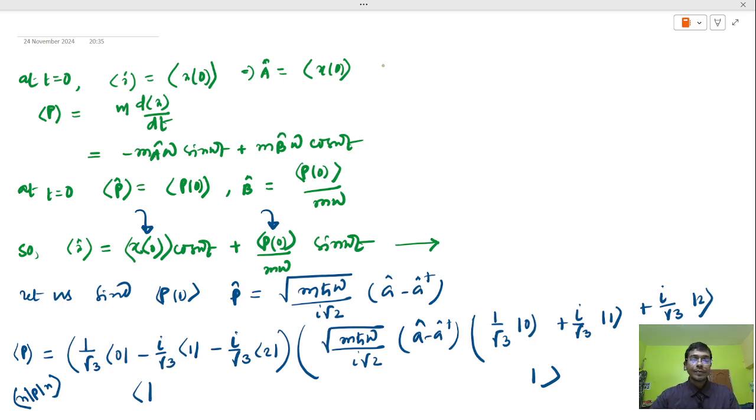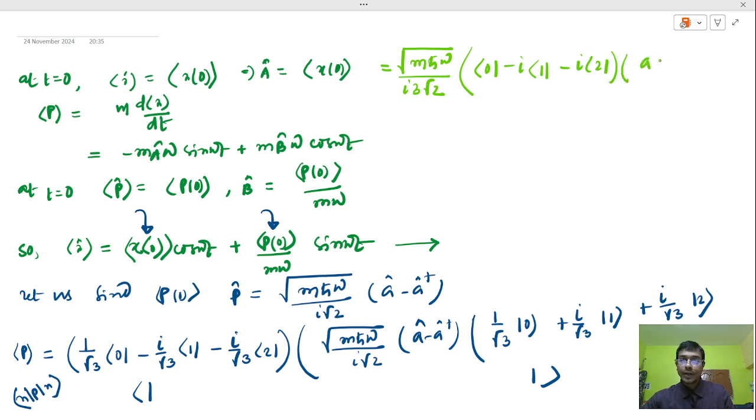And after that we just calculate here that root of m h cross omega by 3 root 2 times, sorry, this will be in the bra form, bra 0 minus i bra 1 minus i bra 2, and this operator would become a minus a dagger, and this result would be ket 0, i ket 1, plus i ket 2.